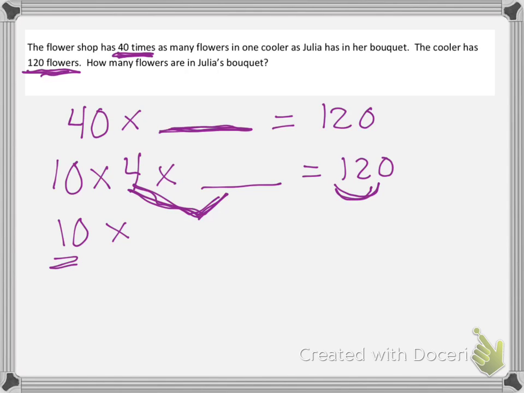Because this 10 is representing this 0. Well, if we remember our facts, 4 times 3 equals 12. So 10 times 12 is equal to 120.